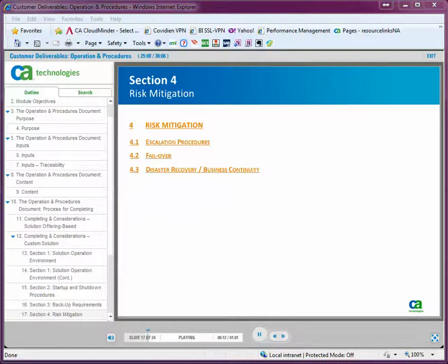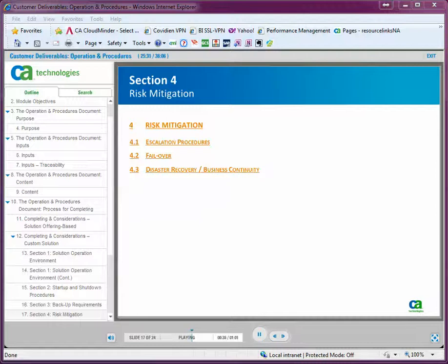mitigation. And we would also expect that the technical design document will provide details about how failover and high availability are going to be covered in the solution. So, not only high availability and failover, but this could actually get into disaster recovery.